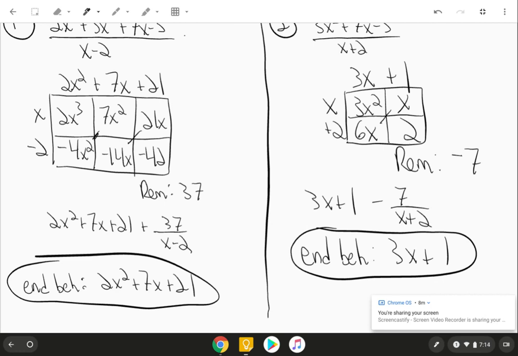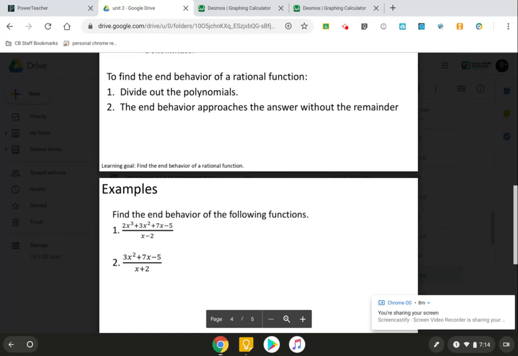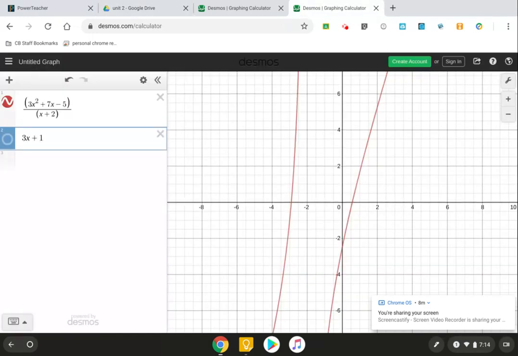What is that going to look like visually? Well, let's go to the graph here. Again, the red graph is the graph of the rational function 3x squared plus 7x minus 5 over x plus 2. And then let me put in the graph of the answer without the remainder, 3x plus 1. Obviously, those graphs are clearly different.